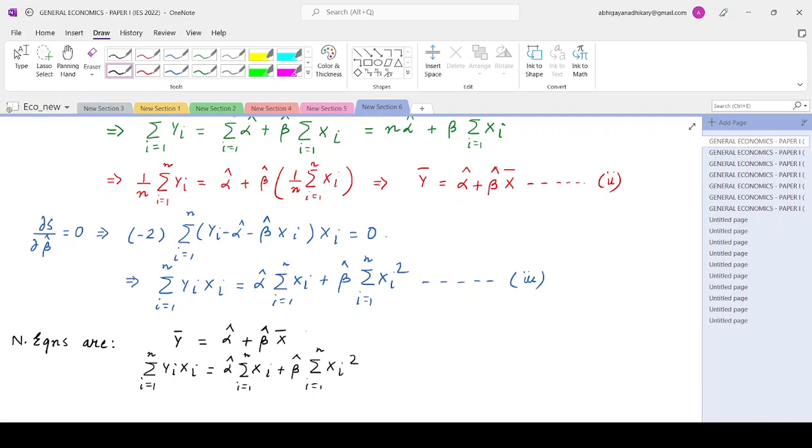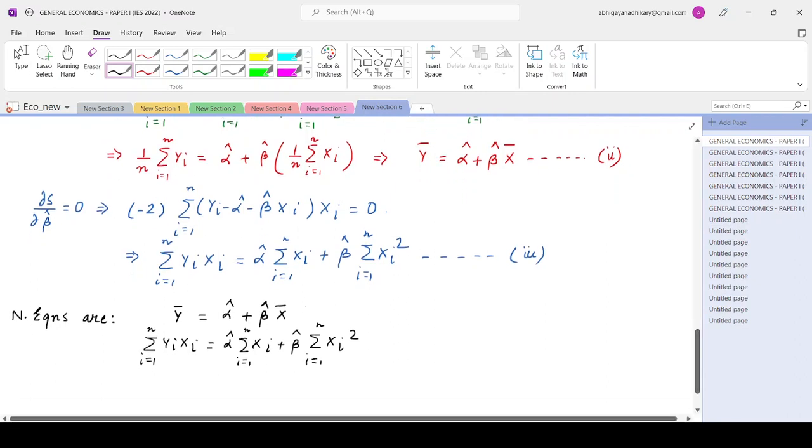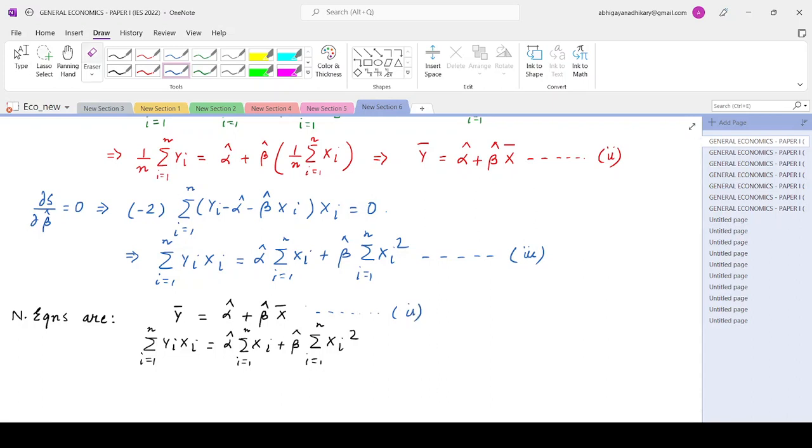Okay. Now, as you know, this can be solved in many ways. It is basically solving a system of two variables and two equations. You can do it any way. I'm just simply going by a simple technique. So by elimination, I can do it. What we can do is eliminate alpha directly and solve for beta.